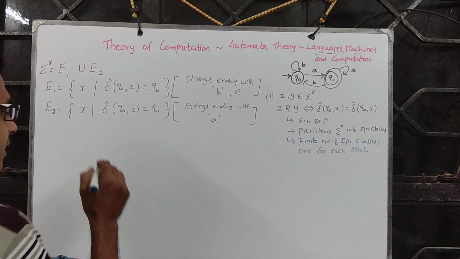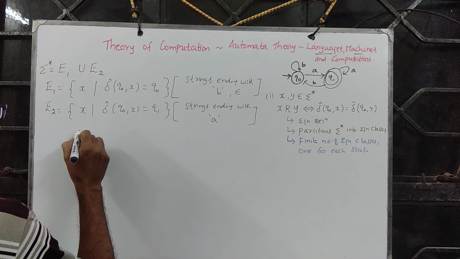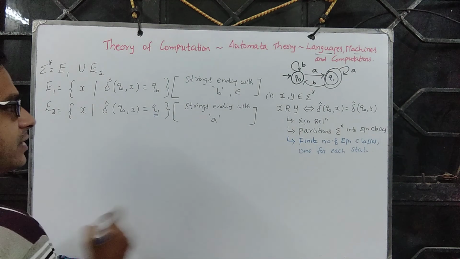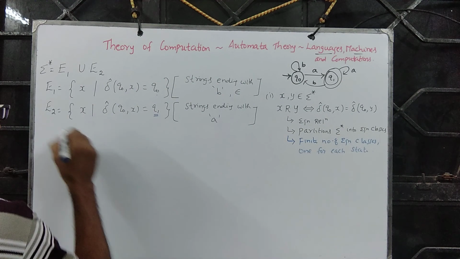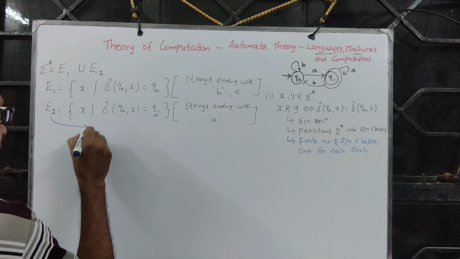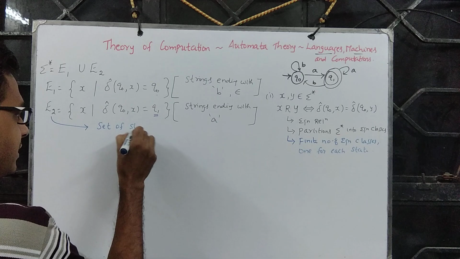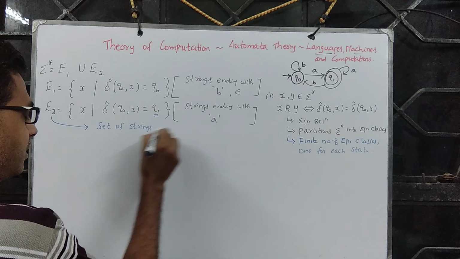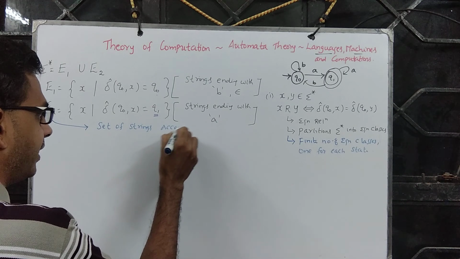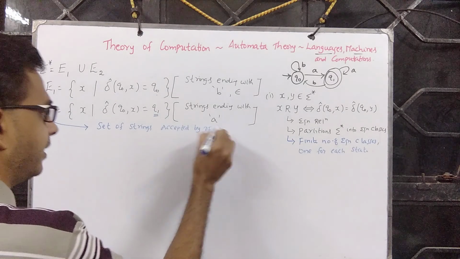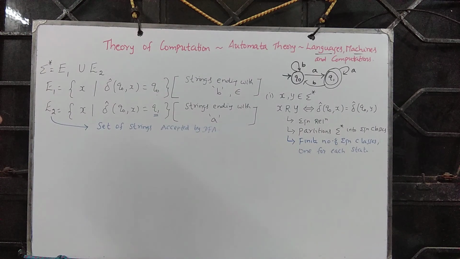That's one part. The other interesting part is the following. Because q1 is our final state, the equivalence class 2 represents the set of strings accepted by the automaton, accepted by the DFA. Correct?